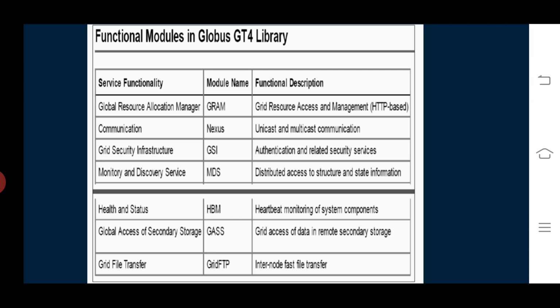Okay, and then the next service functionality is monitoring and discovery service. We can take the module name as MDS. What is the functional description? Distributed access to structure and state information.